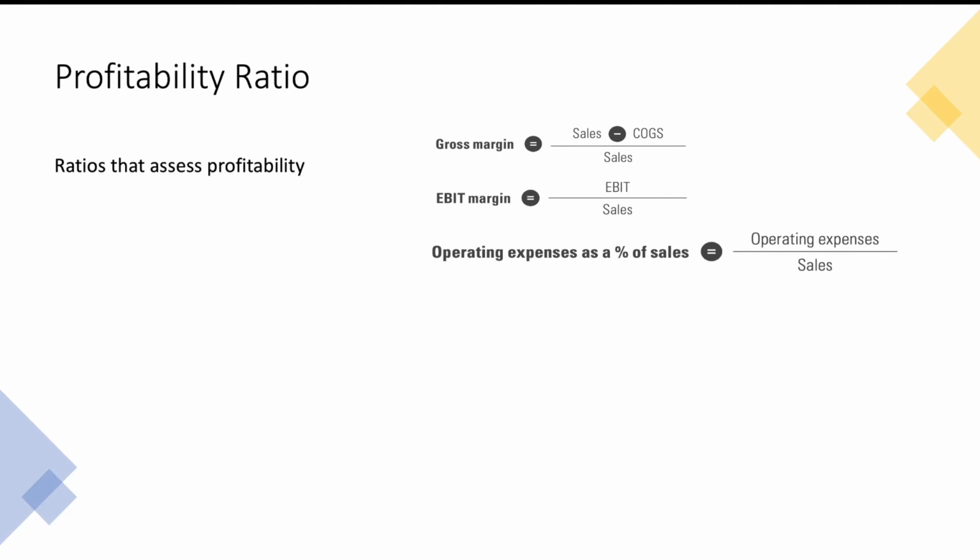And the operating expenses as a percentage of sales, operating expenses divided by sales. Just keep an eye on these three ratios particularly. Each of them is divided by sales.